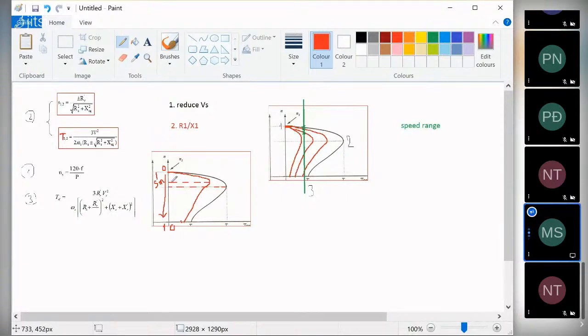You can see that the maximum slip is reduced, so the top moves up. Yes or no?